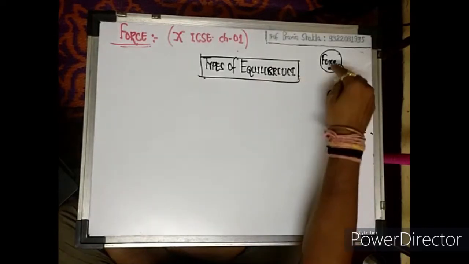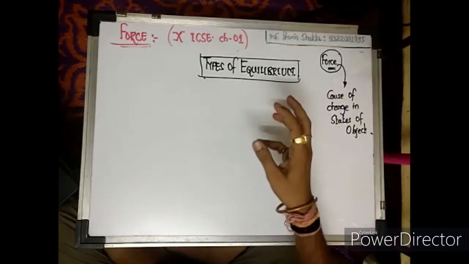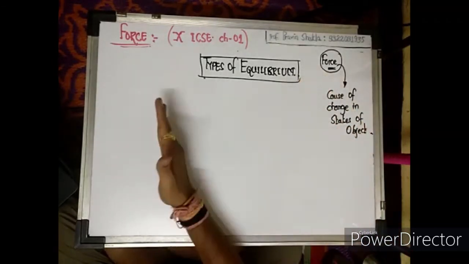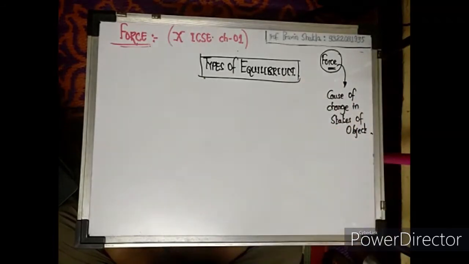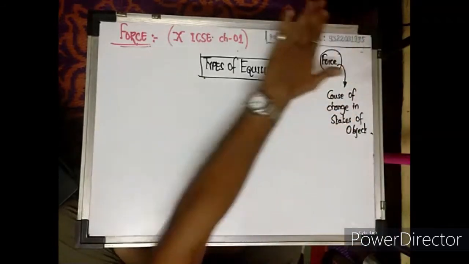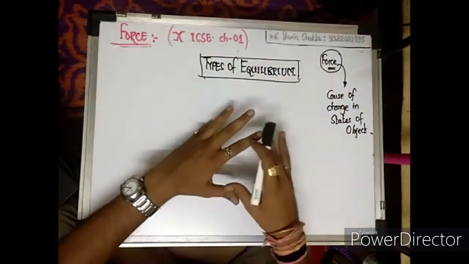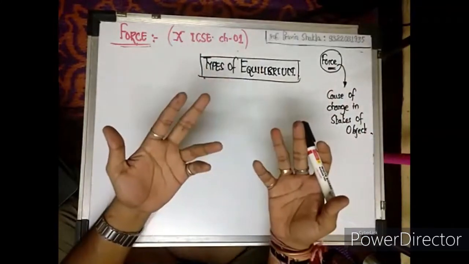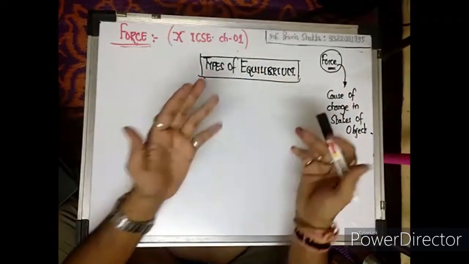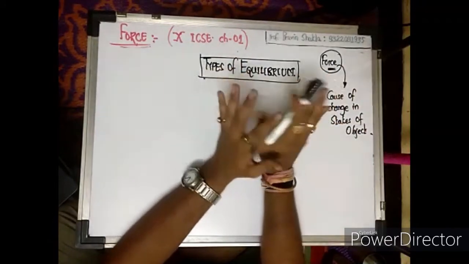So force is responsible for changing the state of an object from one state to another. That is why it is written as cause of change, right? So if the total force acting becomes zero, it means there is no change in the state of the object. So equilibrium of the body actually connects you with no change in the state of the object.